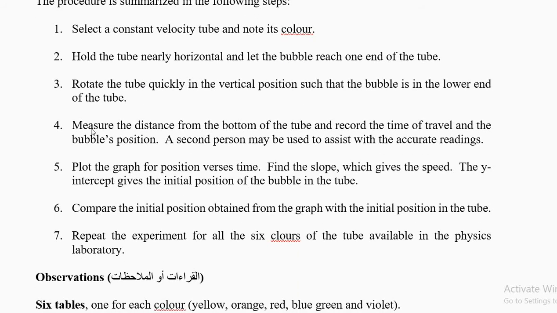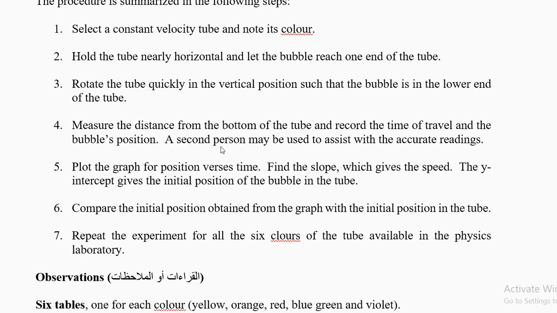When you make the tube vertical, at the same time you'll switch on the stopwatch and measure the distance from the bottom of the tube, and record the time of travel and the bubble's position. So after every 1 second you put a mark where the bubble is. And from these marks you'll measure the distance after you have finished the full motion of the bubble.